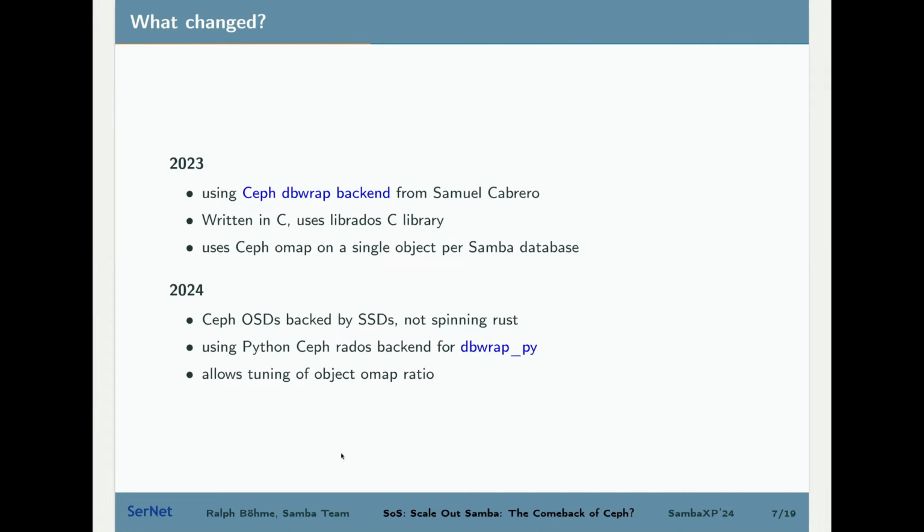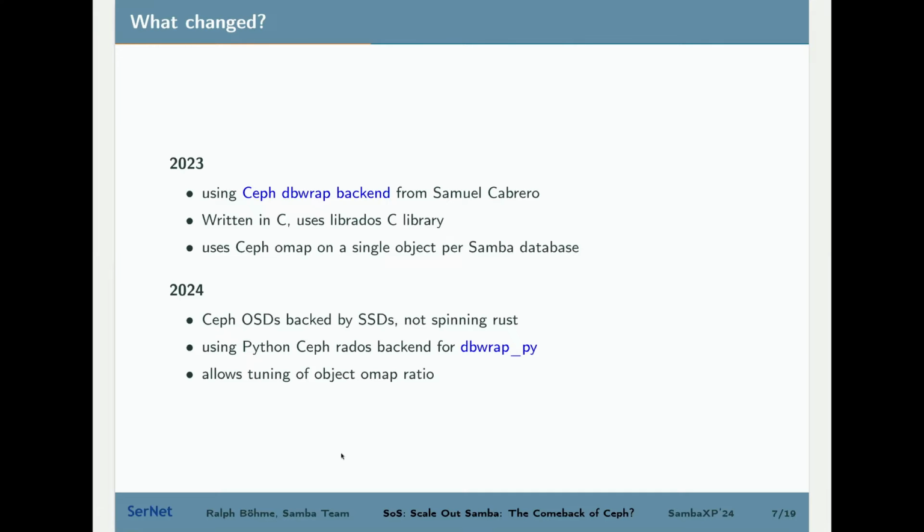So what I changed this year is that I added a completely new Ceph RADOS backend written in Python. That Python code is basically the backend infrastructure code that is called by a dbwrap Python module in Samba.